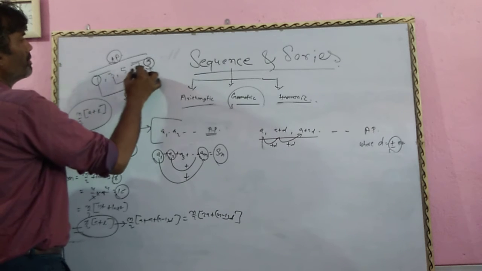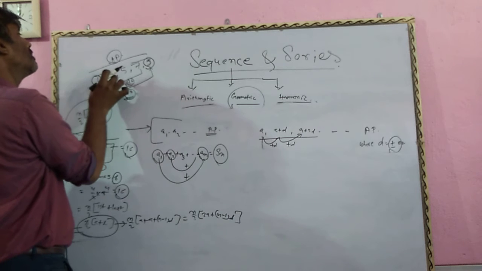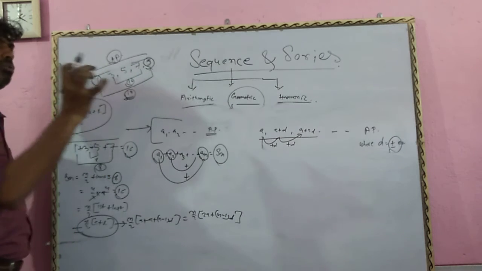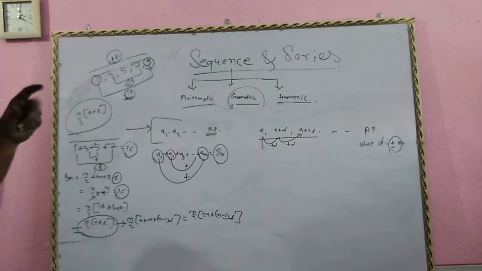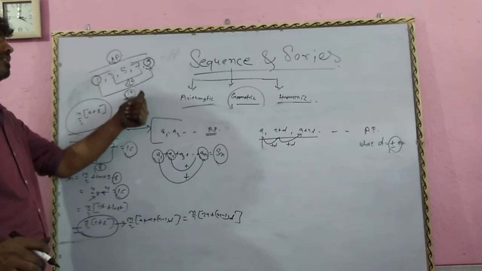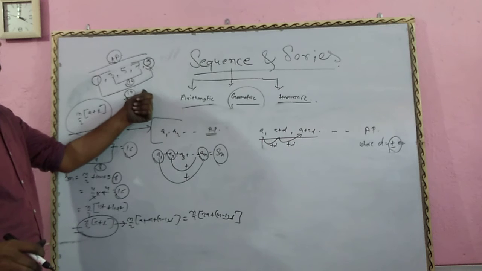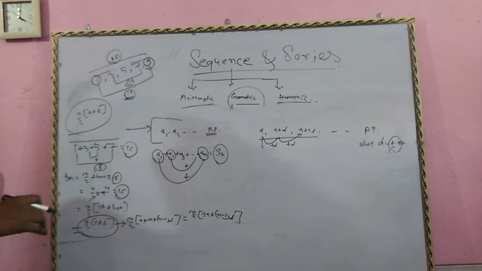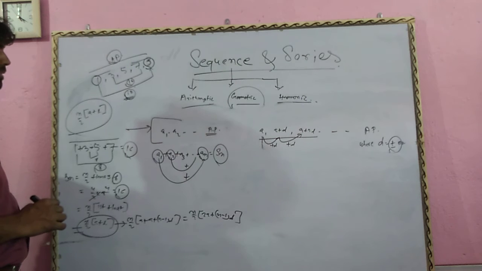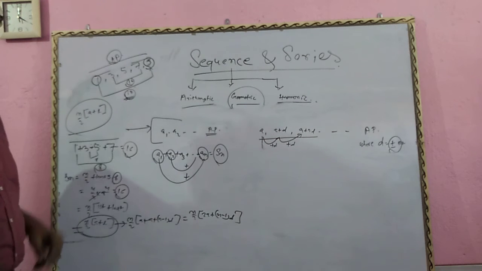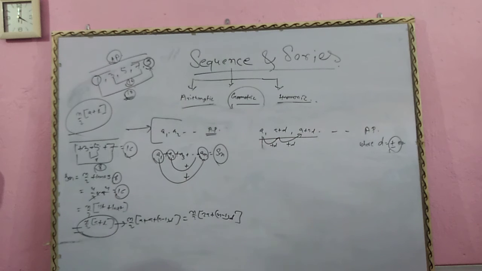Every equidistant term from beginning and end, when we add them, you will get a fixed quantity which is first term plus last term. Whatever number you get from adding first and last term will be fixed while you add the equidistant terms from beginning and end. Then you are getting n upon 2 pairs.